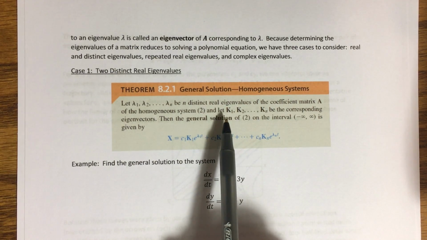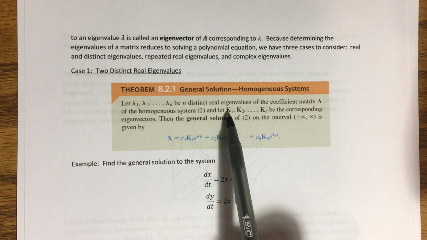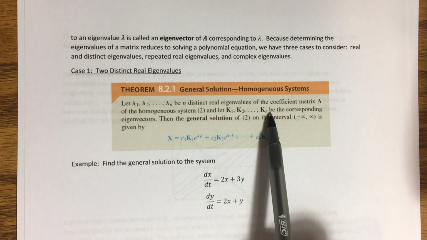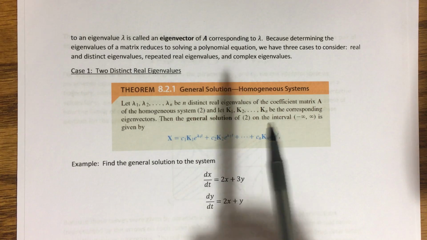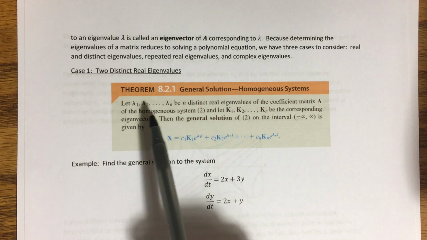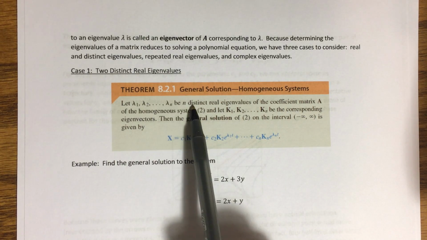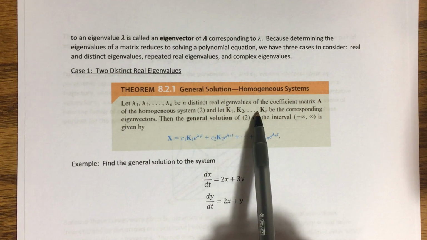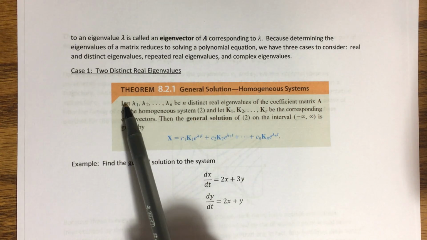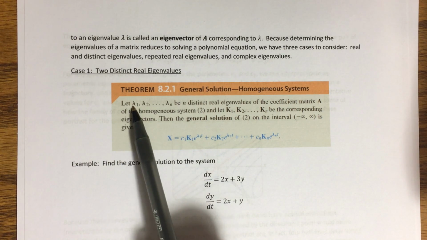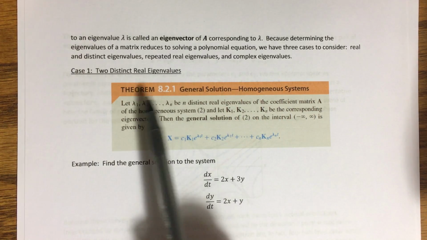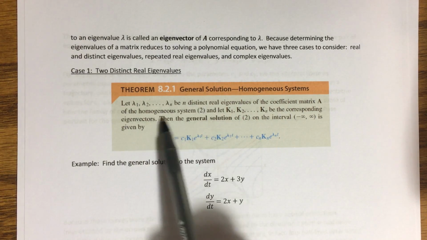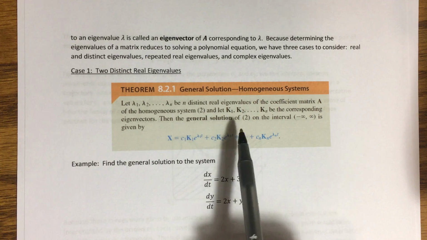And then let's suppose we find corresponding eigenvectors for each of these eigenvalues. One thing I'll mention again in the example is that for any given eigenvalue, there tends to be an infinite number of eigenvectors associated with it. We just need to find one eigenvector that corresponds to each one of these, and we'll talk about how to do that in the example.